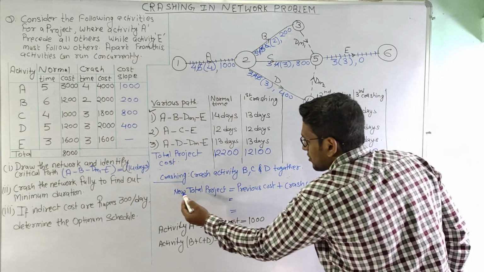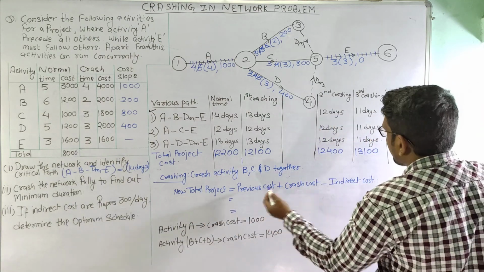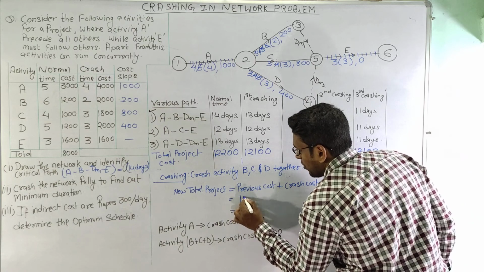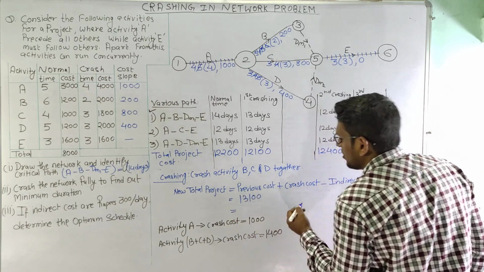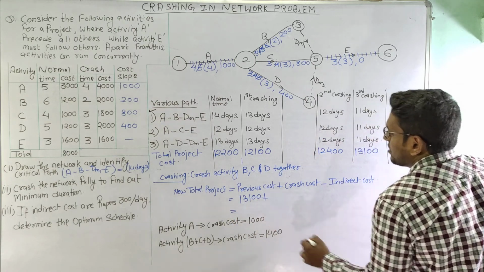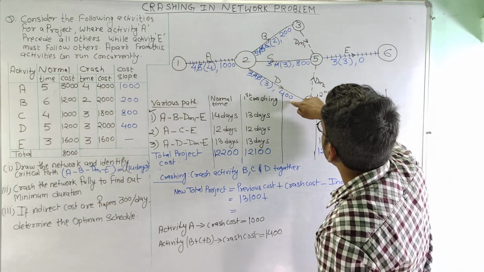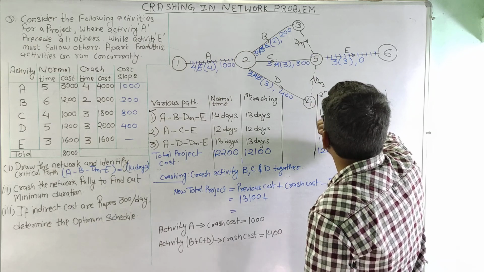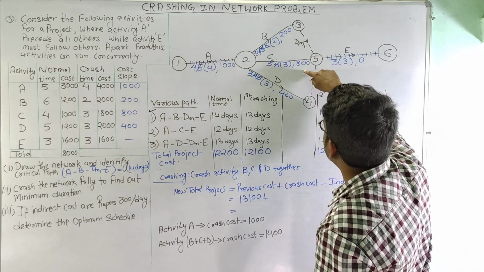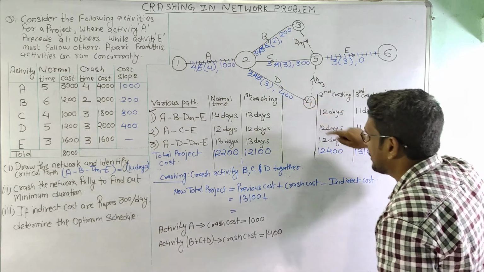Now let us calculate the total project cost here again. The previous cost is 13,100 plus the crash cost. Crash cost here is the summation of all the three cost slopes. This is 200 plus 800, 1000 plus 400, 1400.